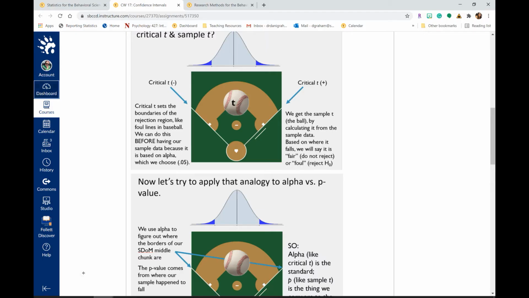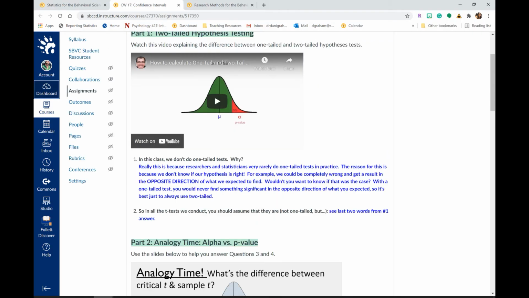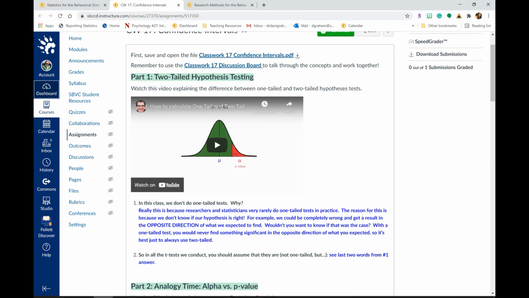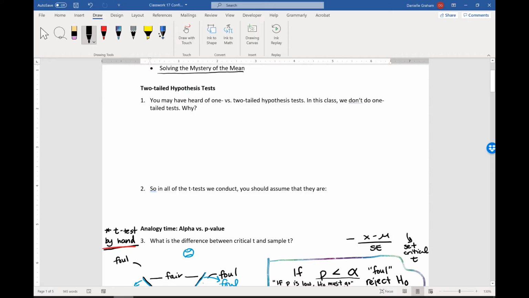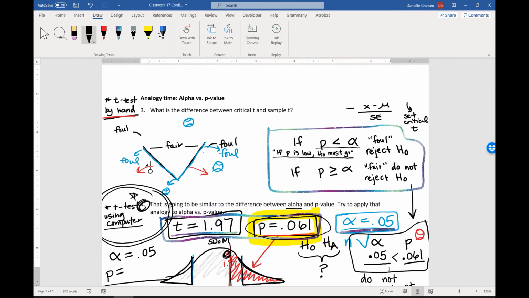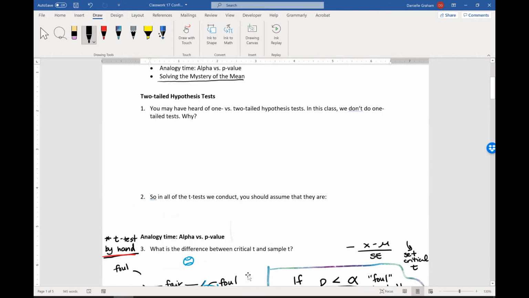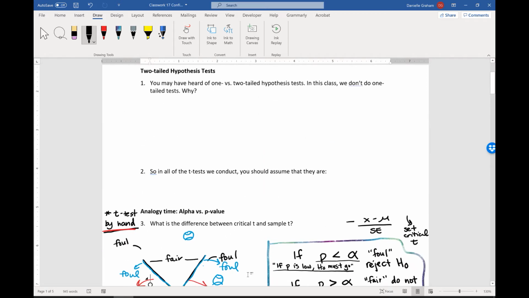If you need clarification on what the difference is there, watch this video, that's included in the classwork. So down here, we're assuming that there's foul lines on both sides, right? When we're talking about one versus two-tailed hypotheses, we're basically talking about, do we have one versus two foul lines?